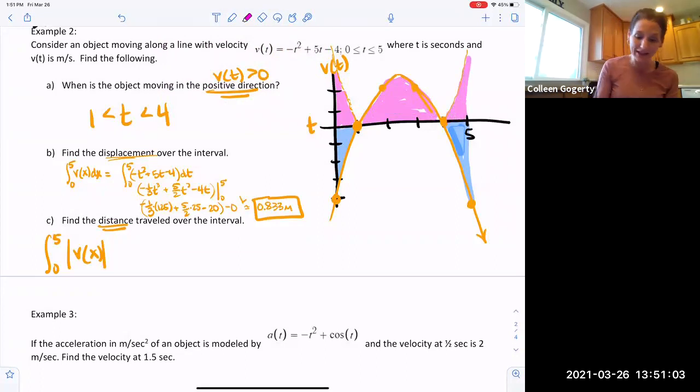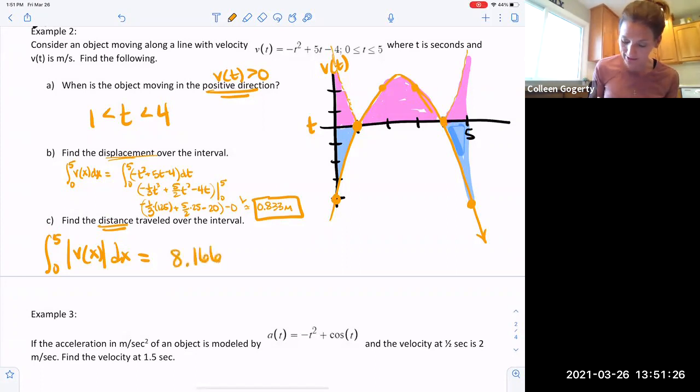Now, because there is an absolute value symbol on here, I would 100% go to my calculator and do this. So I would encourage you right now, go to your calculator, go to math, the fnInt button. So that's math 9. Make sure you know how to plug this into your calculator. And I got an answer of 8.1667 meters.